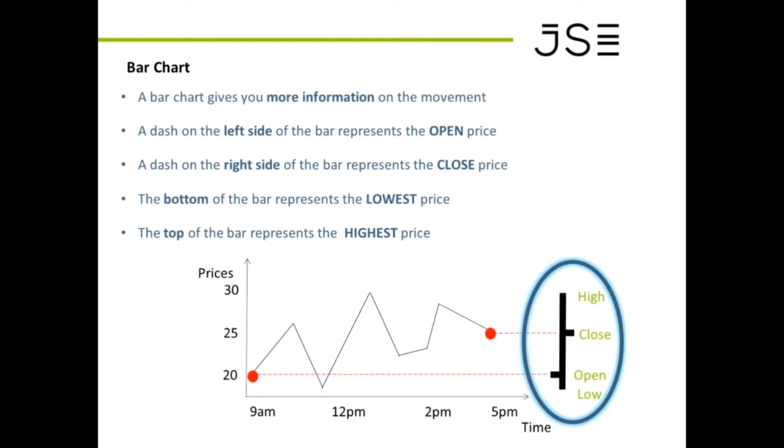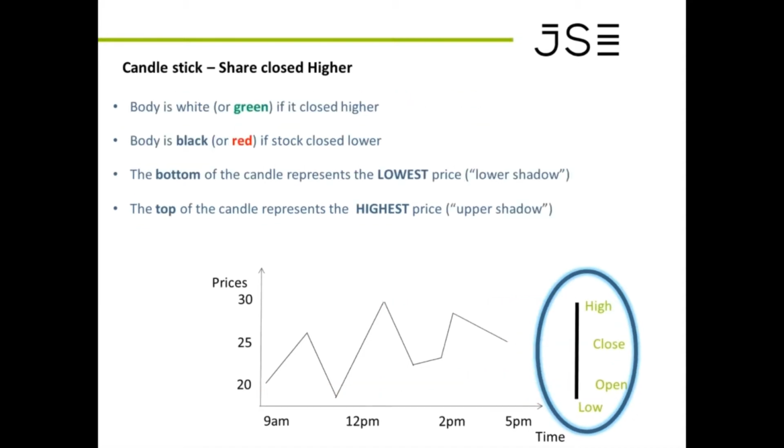The bottom of the bar represents the lowest price during the day, and the top of the bar represents the highest price during the day. So this gives you a lot more information and a lot more to think about than just seeing one dot as the close.